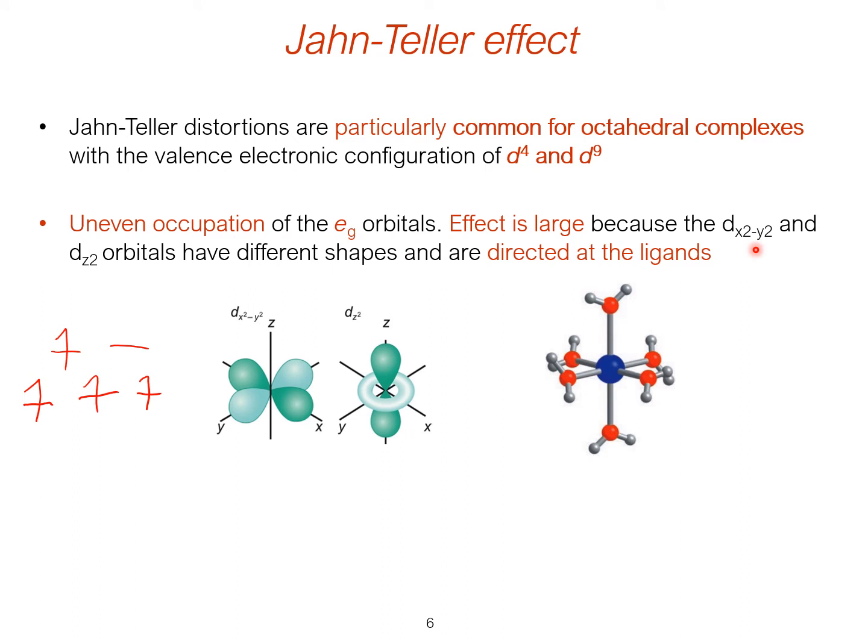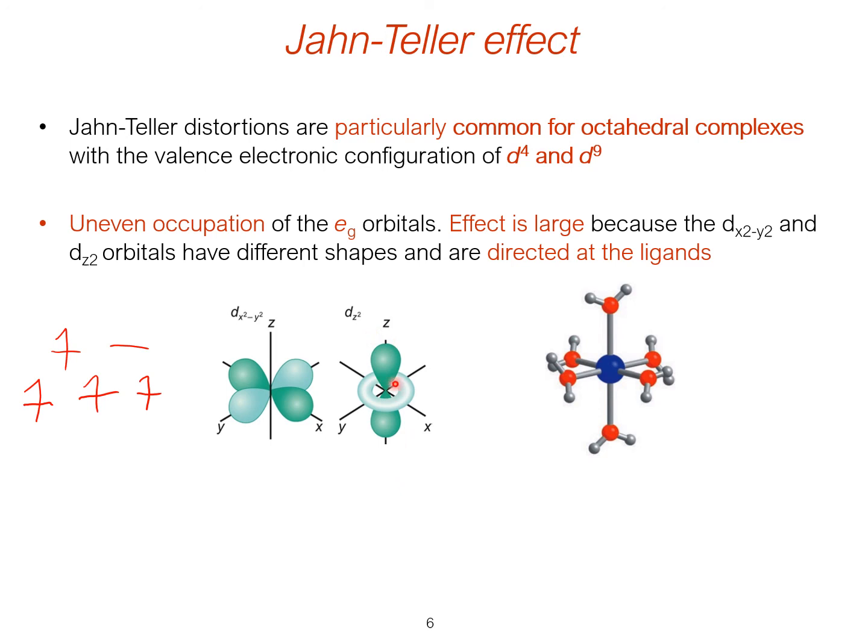And the reason the effect is so large, especially in these octahedral complexes, is because the dx² minus y² and dz² orbitals have different shapes, but they're all directed directly at where the ligands are coming from. So you can imagine if there's a distortion in the z direction, so these z bonds are elongated as we've seen, there's less electron-electron repulsion in this dz² orbital.